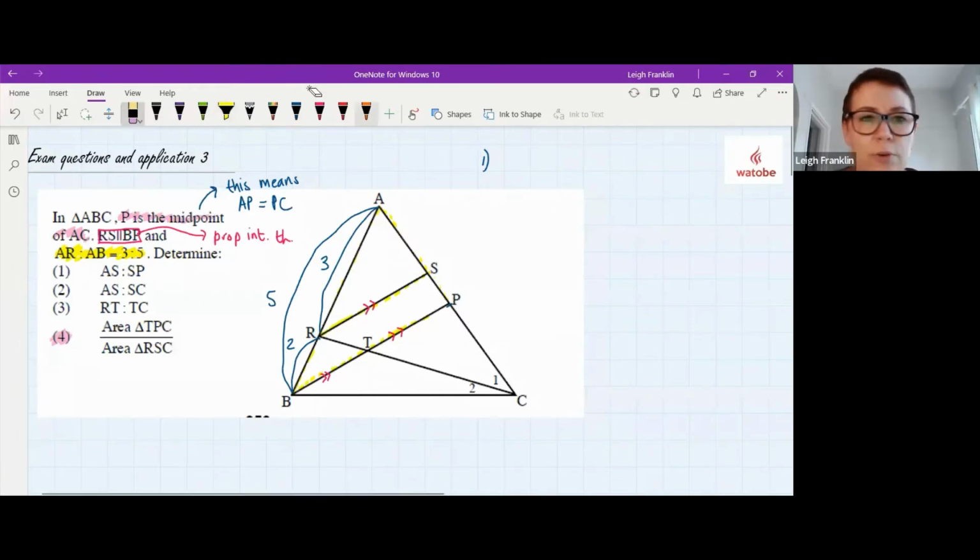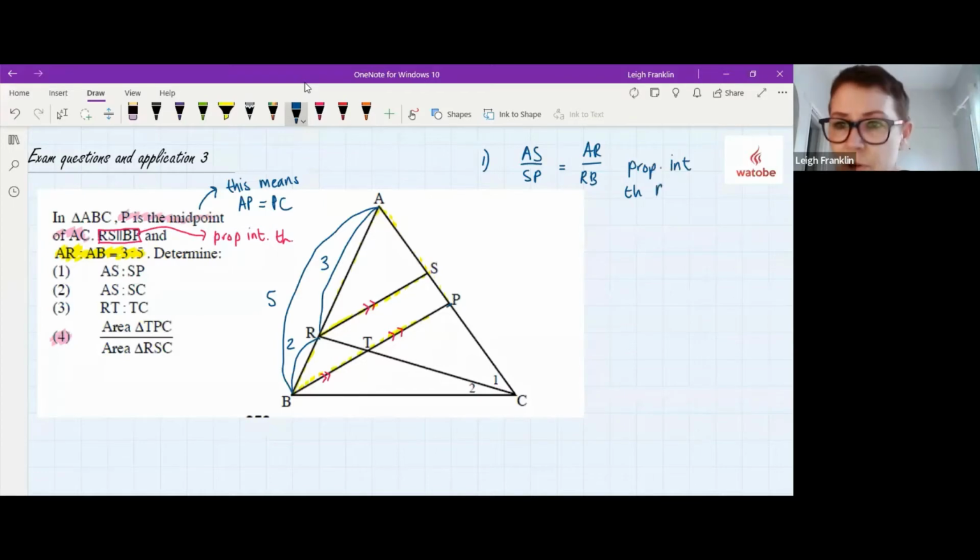Okay, so let's say that. So AS over SP is the same as AR over RB. Reason? Proportionality intercept theorem.